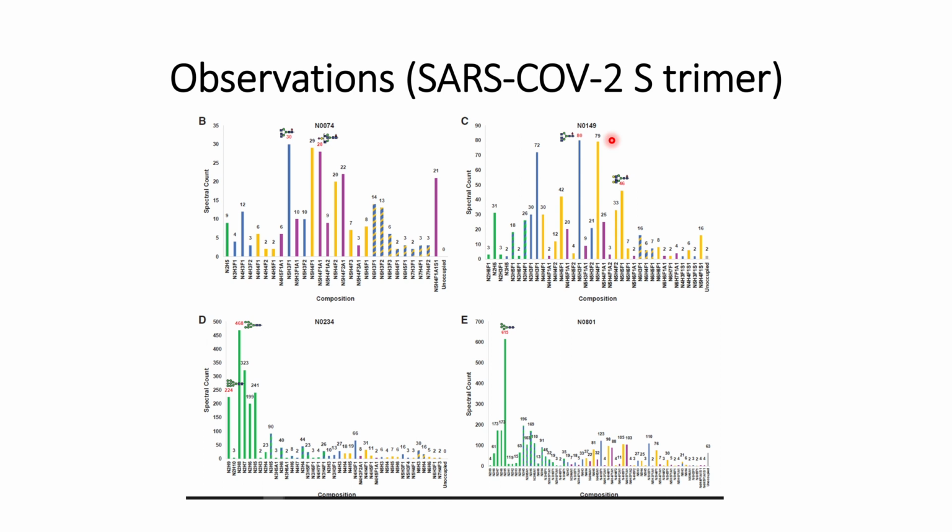Similarly, the same spectral count has been done at different sites, such as asparagine at 149, asparagine at 801, and asparagine at 234.